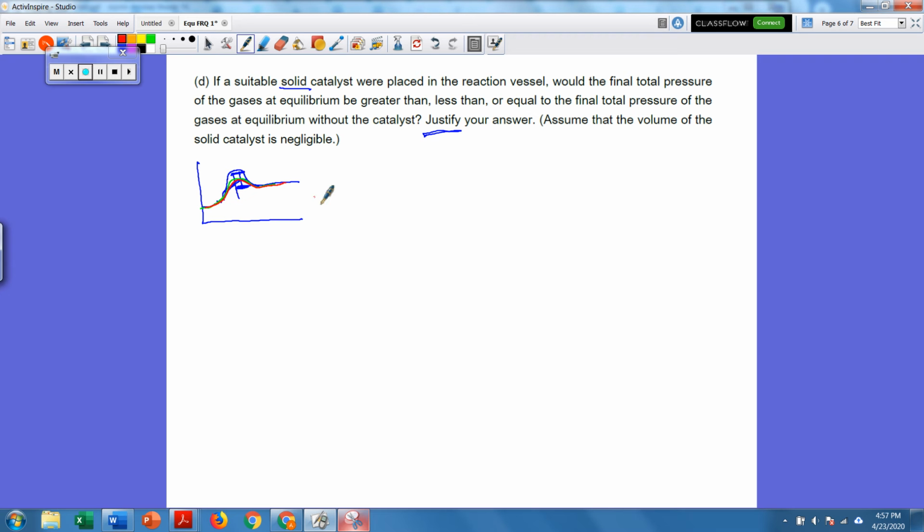So it's lowering the threshold for both directions of the equation equally, and so that is why the catalyst is not going to change the equilibrium. So you would say the final total pressure would be equal.